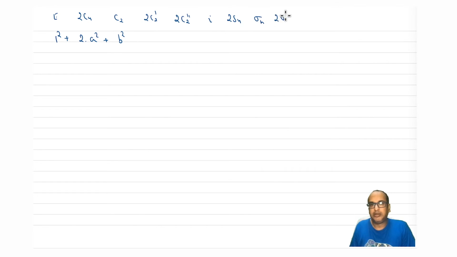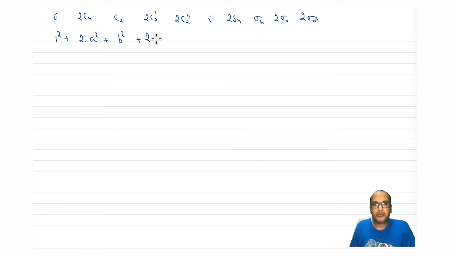So this gives me 1 square plus 2 into A square plus B square. Let me just write down the corresponding symmetry operations so that we know what the class sizes are here: C2, 2C2 prime, 2C2 double prime, i, 2S4, sigma h, 2 sigma v, 2 sigma d.